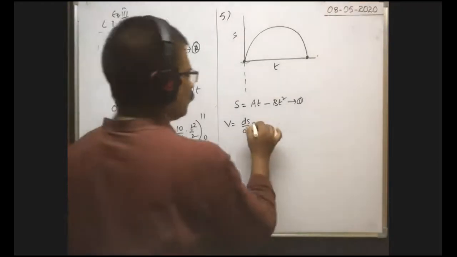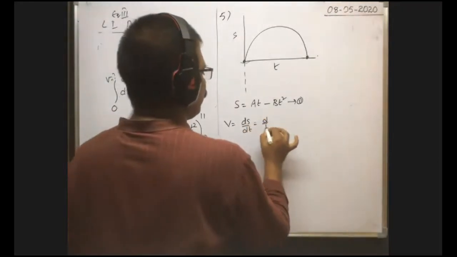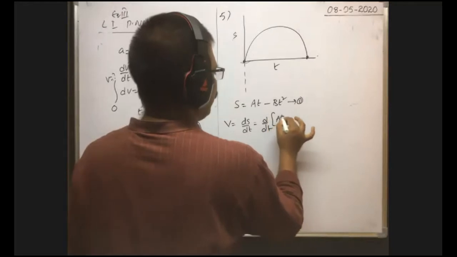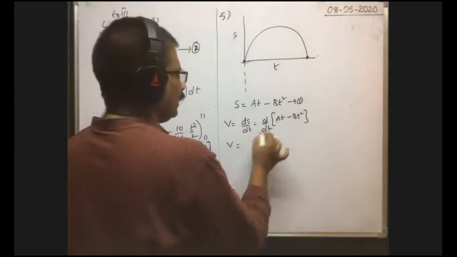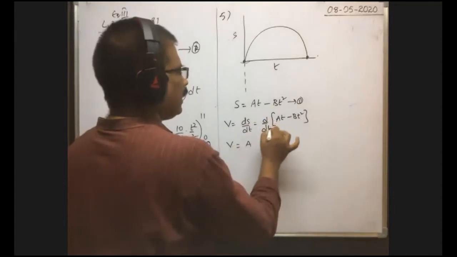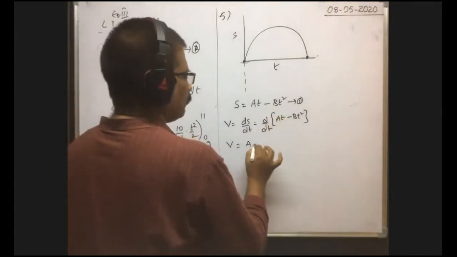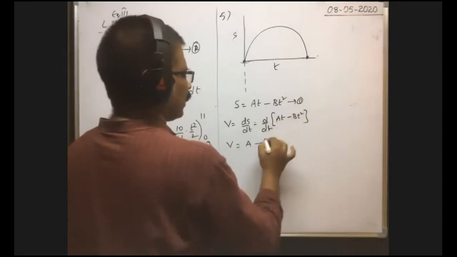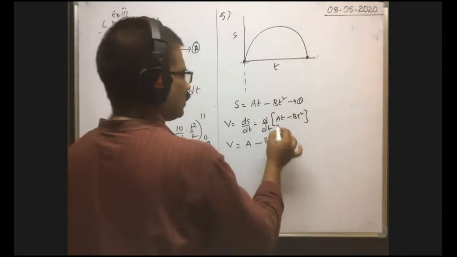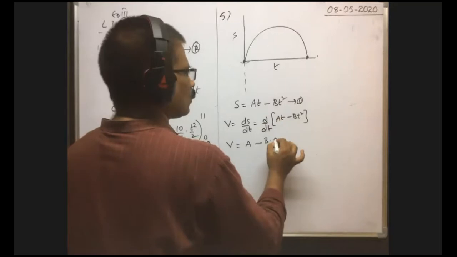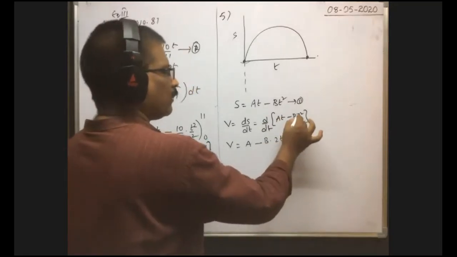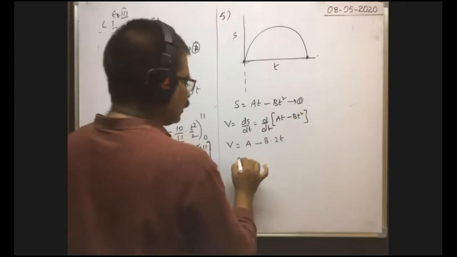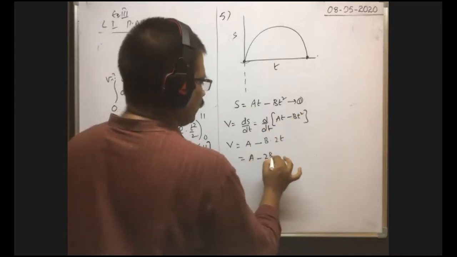So v is equal to d by dt of (at minus bt square). a is constant, d by dt of t is 1, so a only, minus b times d by dt of t square, which is 2t. So v is equal to a minus 2bt.